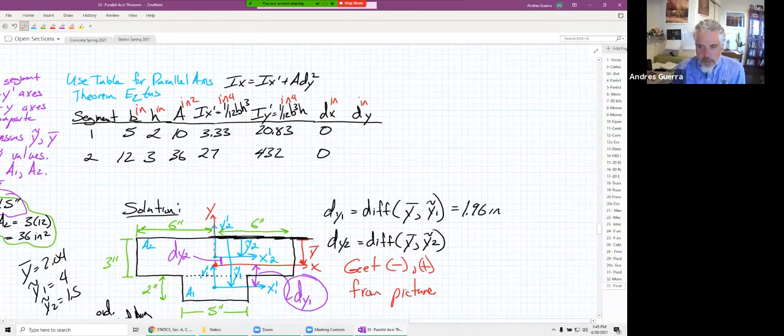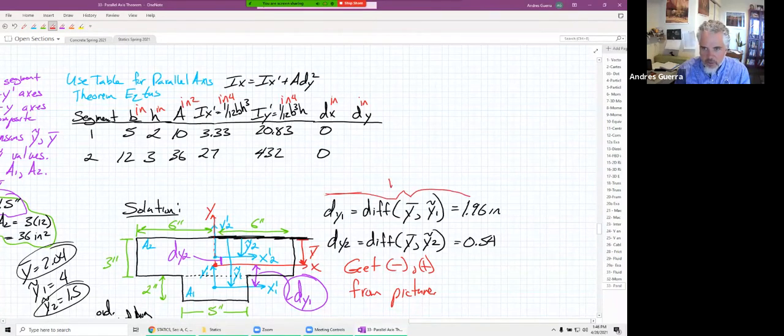What's the difference between y bar and y tilde 2? Isn't that equal to 0.54? Right? Y bar is 2.04, y tilde 2 is 1.5. So these are really just telling me the values of dy.